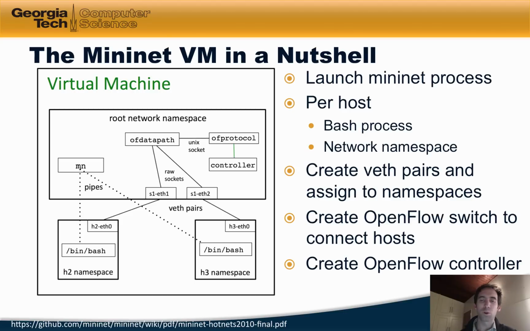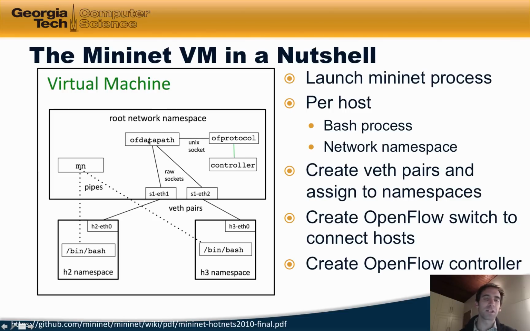Once those virtual Ethernet pairs are created and assigned to namespaces, we can then create an OpenFlow switch to connect those hosts. And finally, we can instantiate a controller that uses the OpenFlow protocol to control flow table entries in that switch.